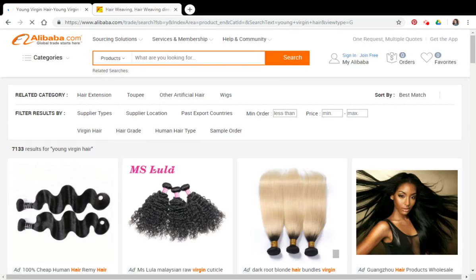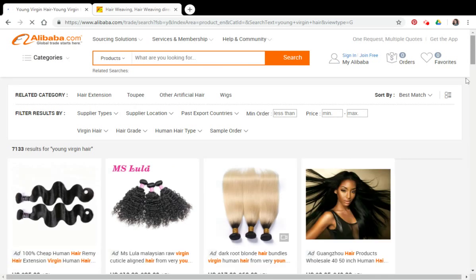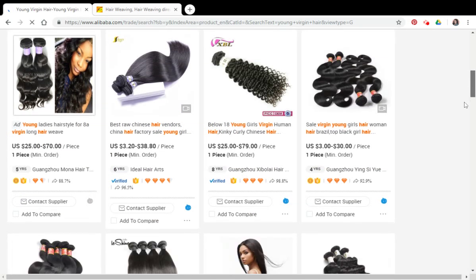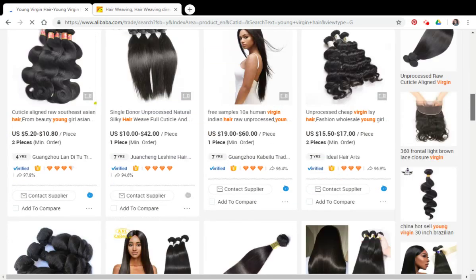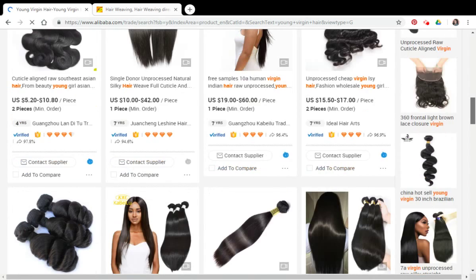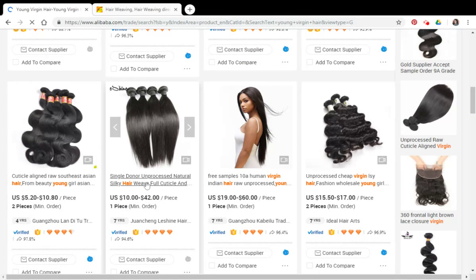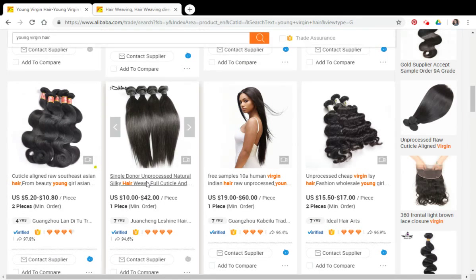You can play around with the names, you can play around with the descriptions to see what different hair products you can find. Okay. So this one says single donor unprocessed. So let's click on that. It's been in business for 7 years.